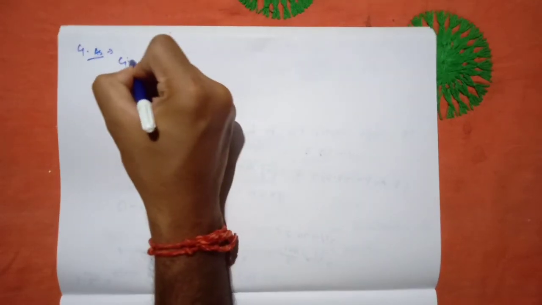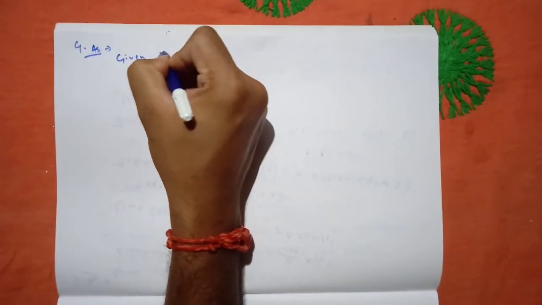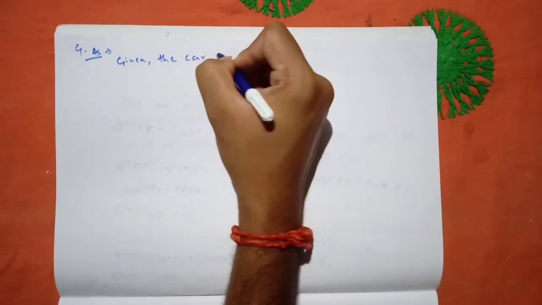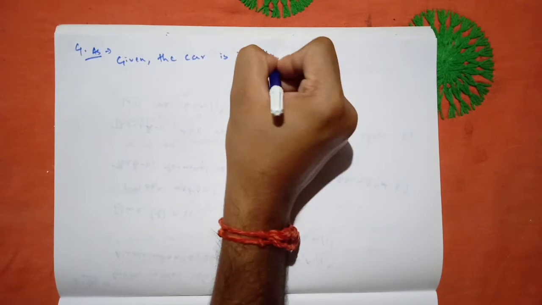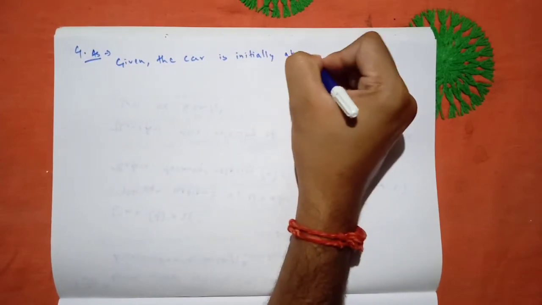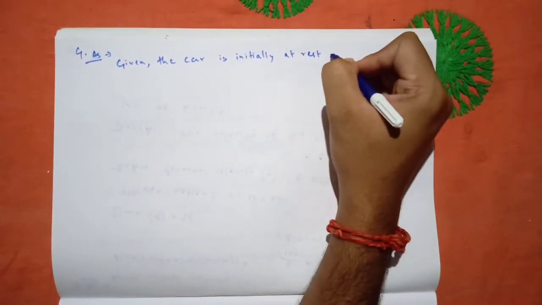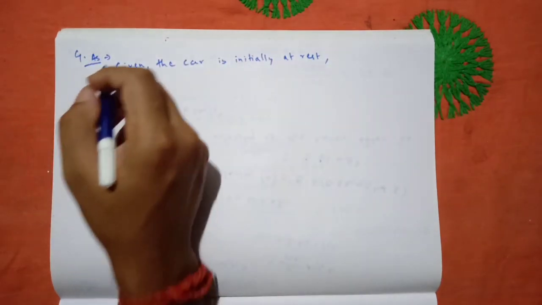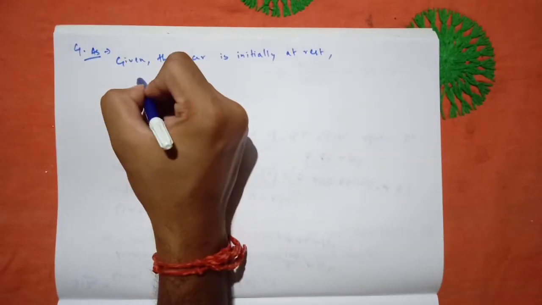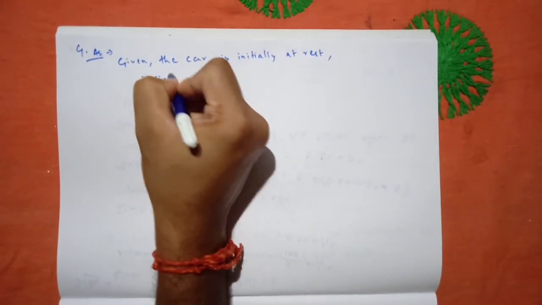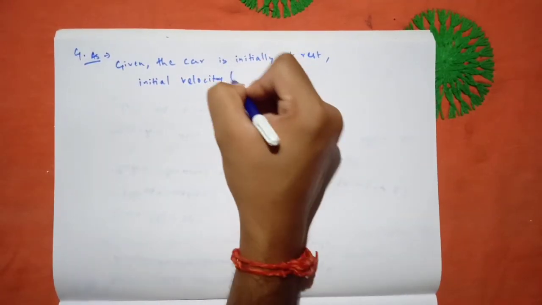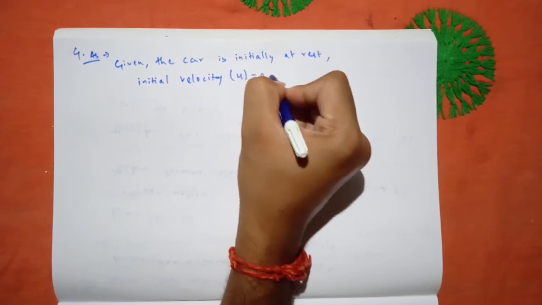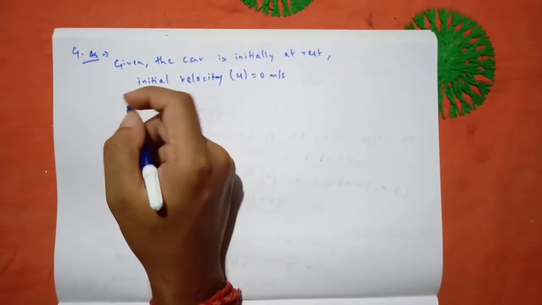So the given is the car is initially at rest. So the initial velocity, which is u, is equal to 0 meter per second.